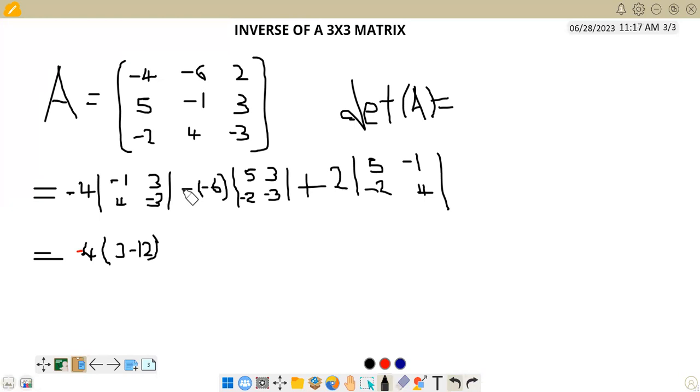Then here we have minus, to form a positive number, so it will be positive 6. Positive 6. Then we have negative 15. This times this minus this times this will be negative 6 plus, negative times negative will be plus, so it will be plus 6 here.